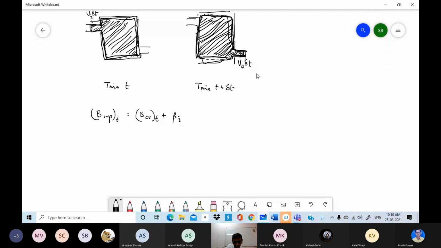This is the value of B per unit mass, and the mass inside this would be the density into the volume. So rho i into the volume, that volume would be Ai into vi delta t. So if your cross-sectional area here is Ai, then it would be Ai vi delta t.